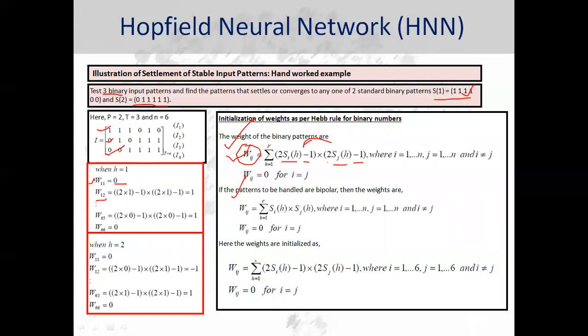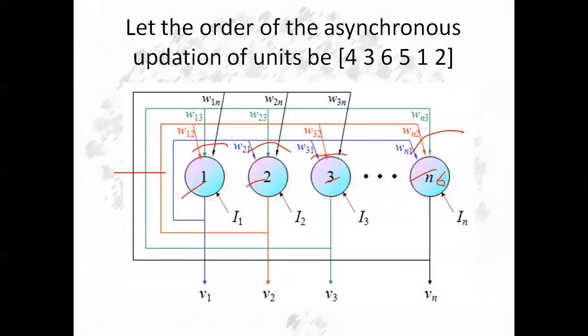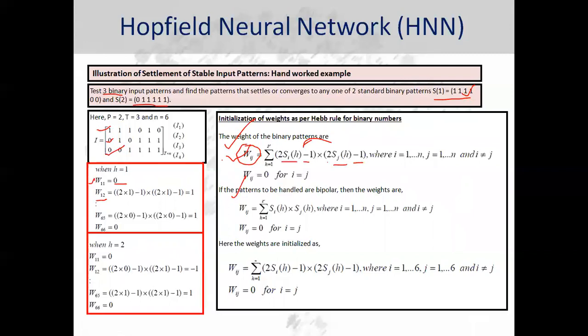We want to calculate the weight connecting neuron number 1 and the input of neuron 2. So this is the weight we are going to calculate, W12. How is it calculated? Just by looking at this equation. So i in this case is 1, j is equal to 2.